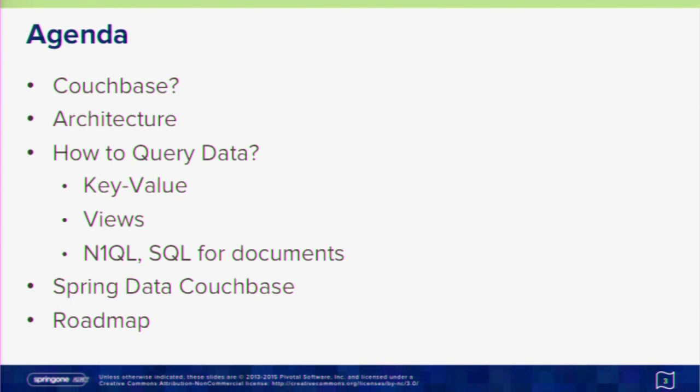Then I'll quickly talk about the Spring Data features we have and do a little roadmap to give you an idea of where we're going, because you heard during the keynote that Spring 5 will be a lot about Java 8 and reactive, and our Java driver has been using RxJava since the very beginning, so we are completely ready. We'll work a lot with the Spring guys to bring you a full reactive experience for Spring, hopefully Spring 5.